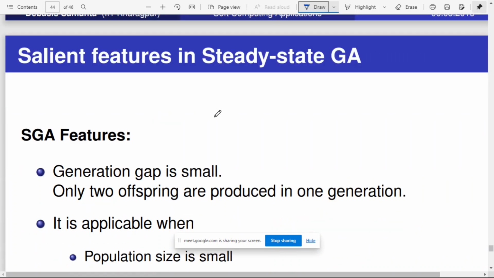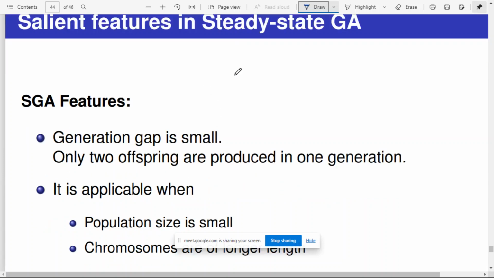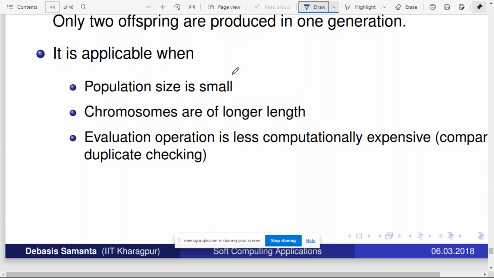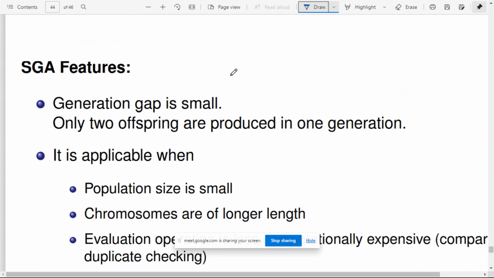Okay, so these are the salient features in steady state GA. This is SSGA, not SGA, the steady state genetic algorithm. The generation gap is small. Only two offsprings are produced in one generation.